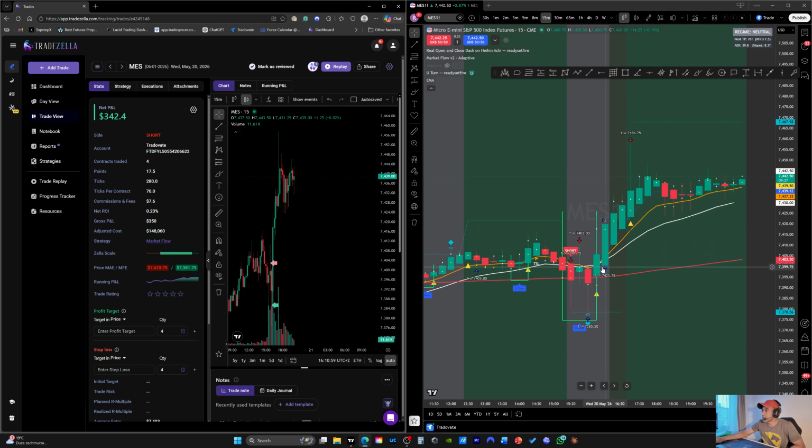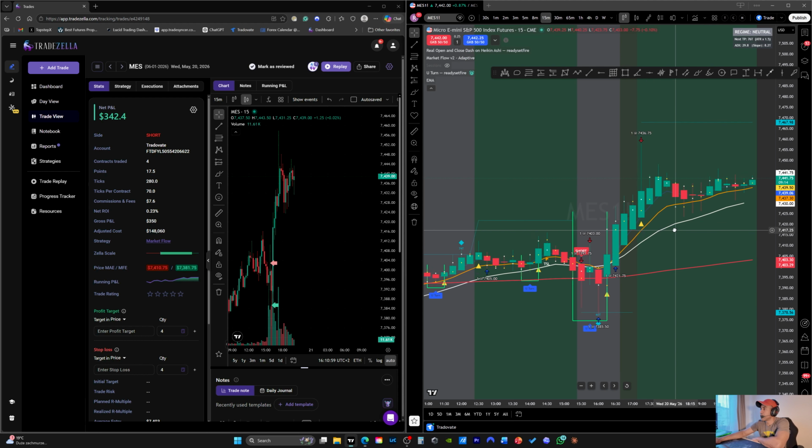And I entered, as you can see, right there. Candle close. I entered right there and it took me out right there. And I had a daily profit trigger on the Tradify account for like 420. So then they closed me out, but it could have been a lot more, right? And that was it for today.